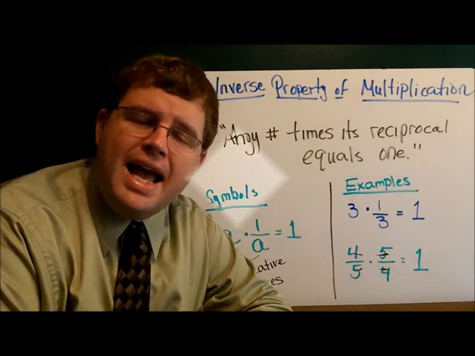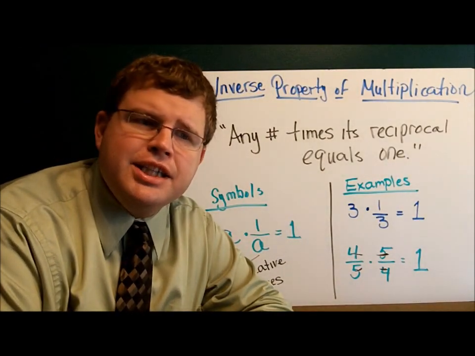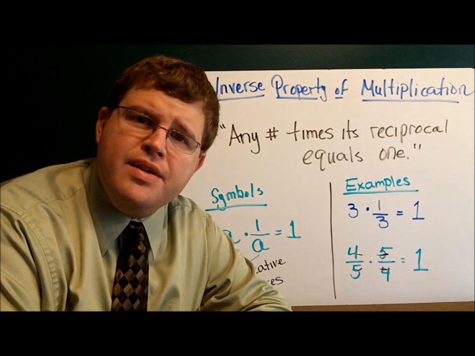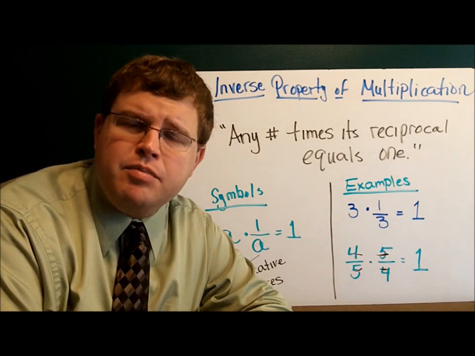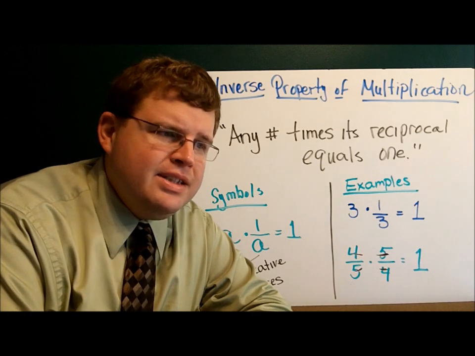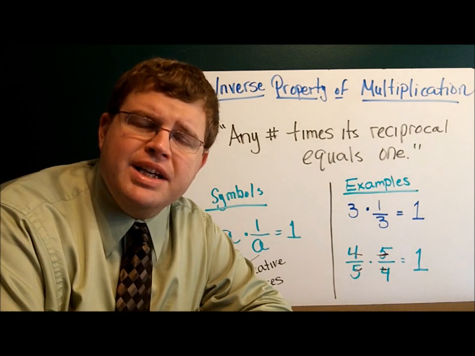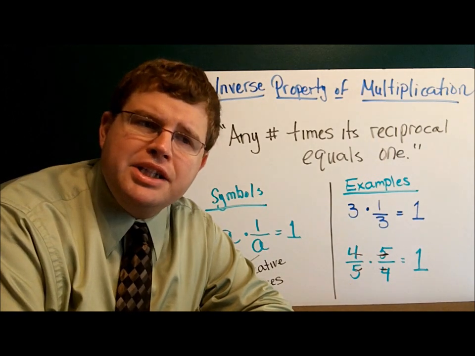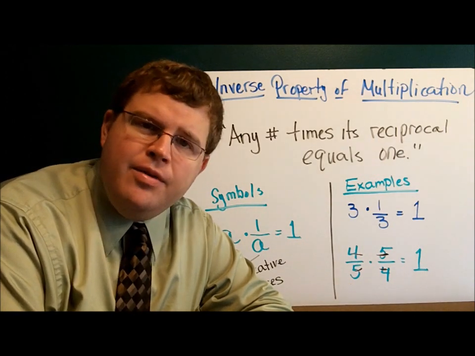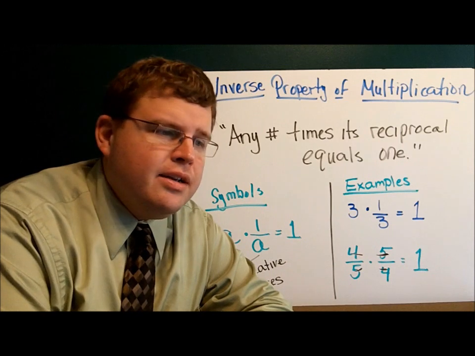Here are the answers. A, commutative property of addition. B, commutative property of multiplication. C, associative property of addition. D, identity property of addition. E, zero property of multiplication. F, inverse property of multiplication.